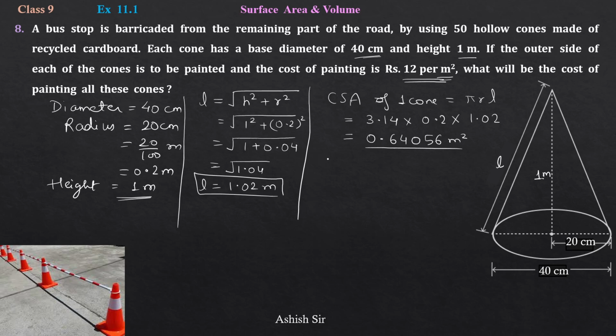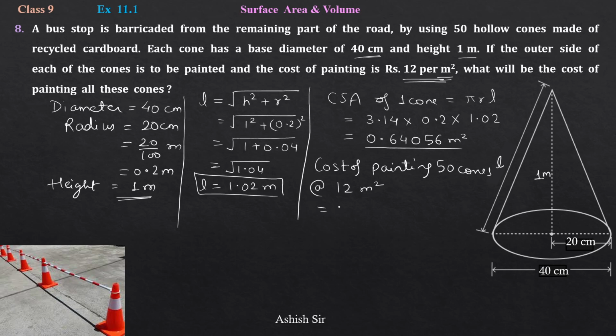Now first of all, we find the CSA of 50 cones because we need to paint 50 cones. So the cost of painting 50 cones at the rate of rupees 12 per meter square.